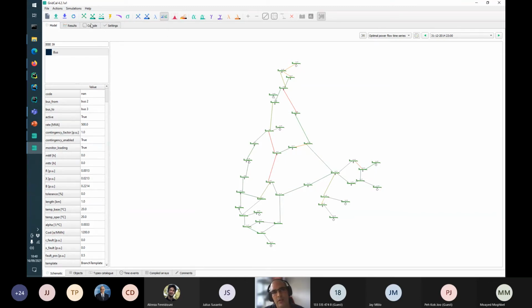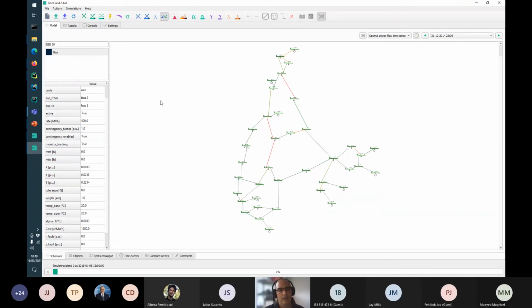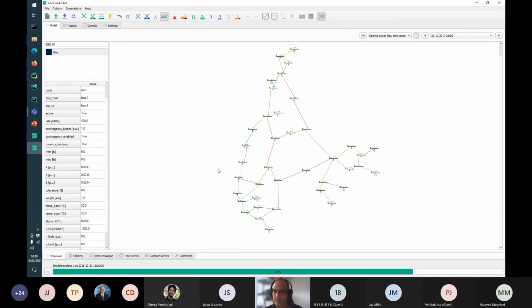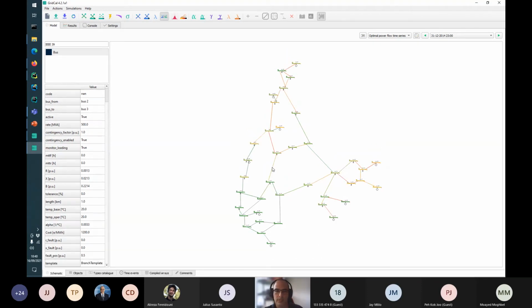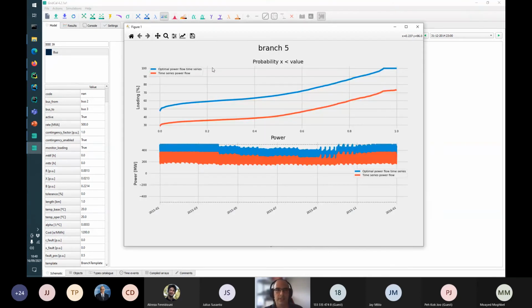So I just click here. And there you go. The Newton-Raphson is solving way faster. And there you go, done. And if I plot again, yeah, there you go. This is the difference between DC and AC.